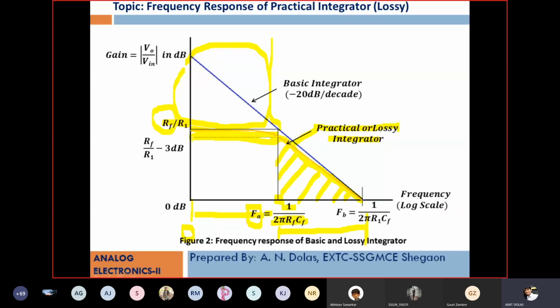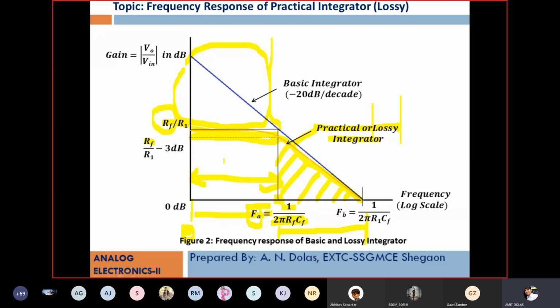So by introducing one more component called RF into the network, our practical integrator is formed. It is also called a lossy integrator because from 0 Hertz to FA, this complete range, this circuit will not behave like an integrator. That's why this particular band is lost, and that's why it is called a lossy integrator.